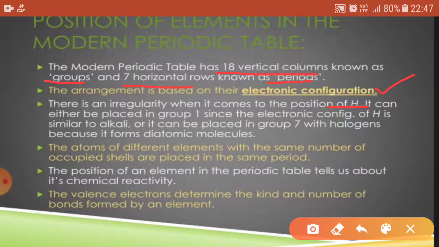The position of an element tells about its chemical reactivity. Also, the valence electrons determine the number of bonds formed by an element. So, this is the position of elements in the modern periodic table.